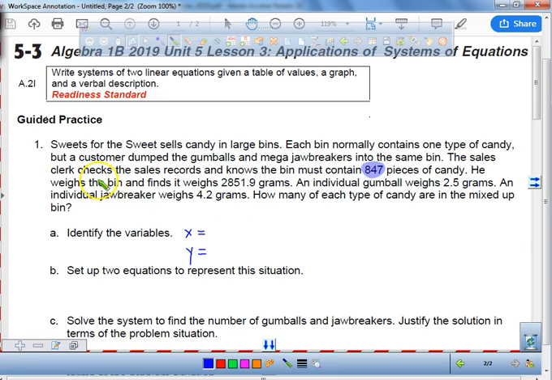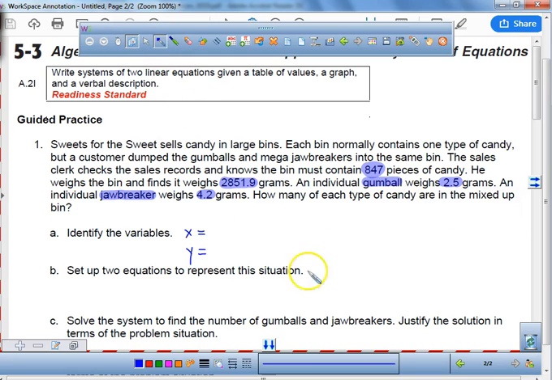He weighs the bin and finds that it weighs 2,851.9 grams. Now, an individual gumball weighs 2.5 grams, but an individual jawbreaker weighs 4.2 grams. How many of each type of candy are in the mixed up bin?